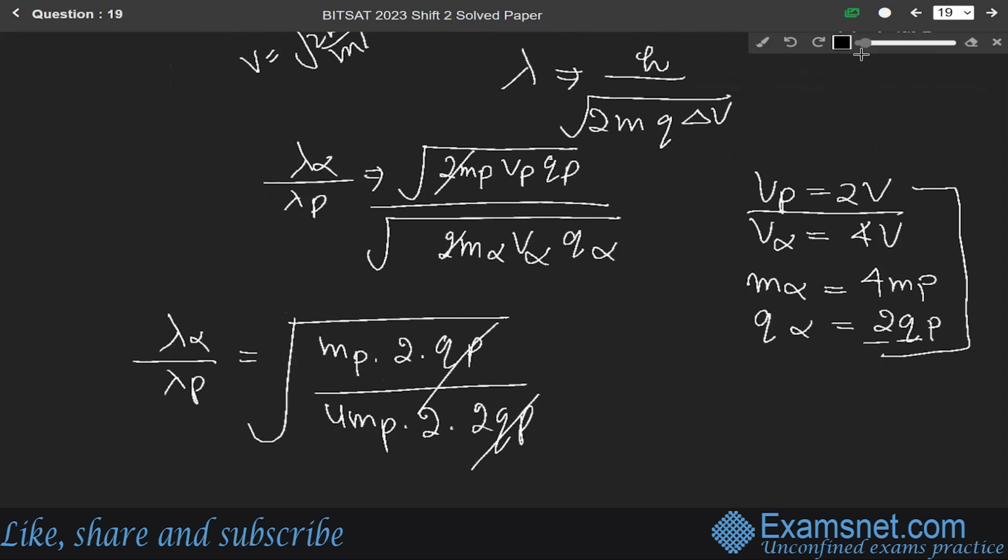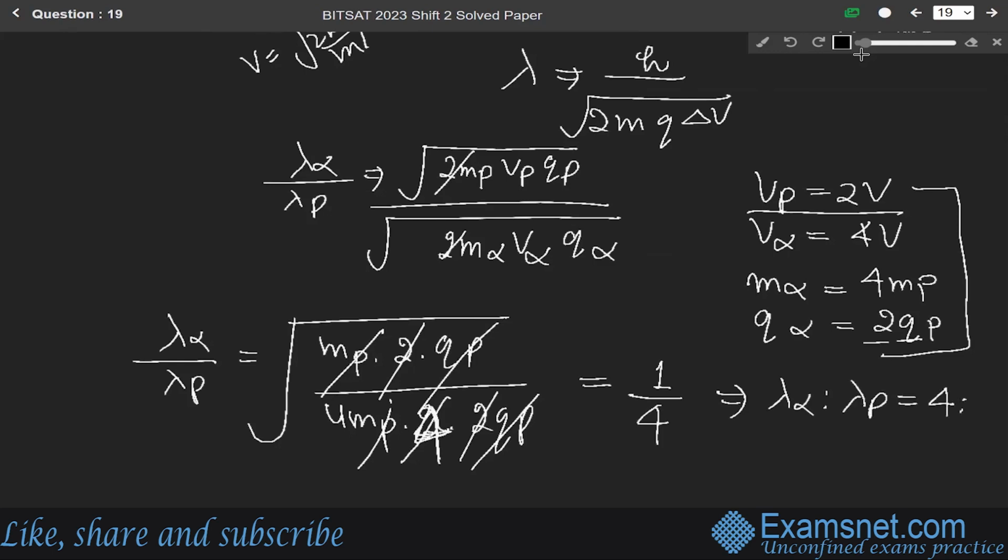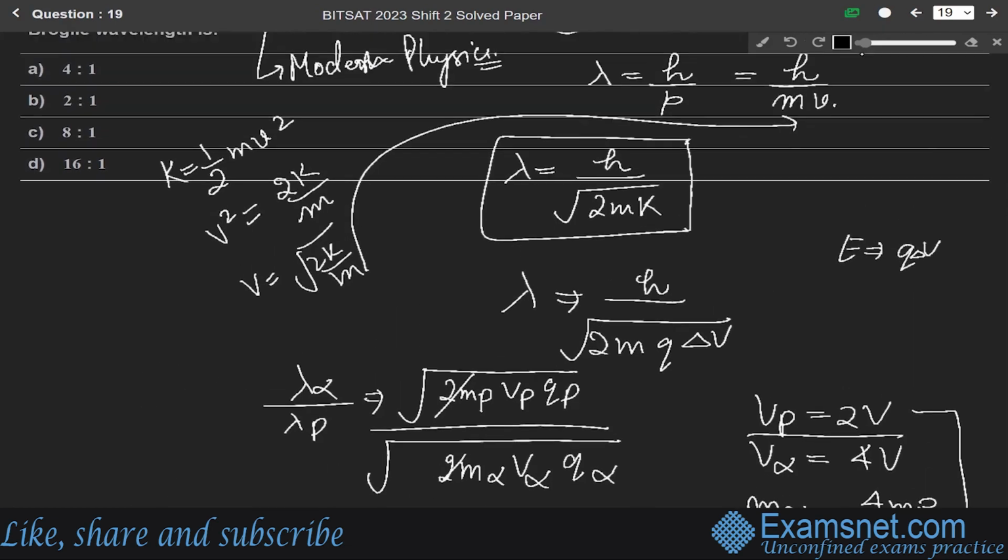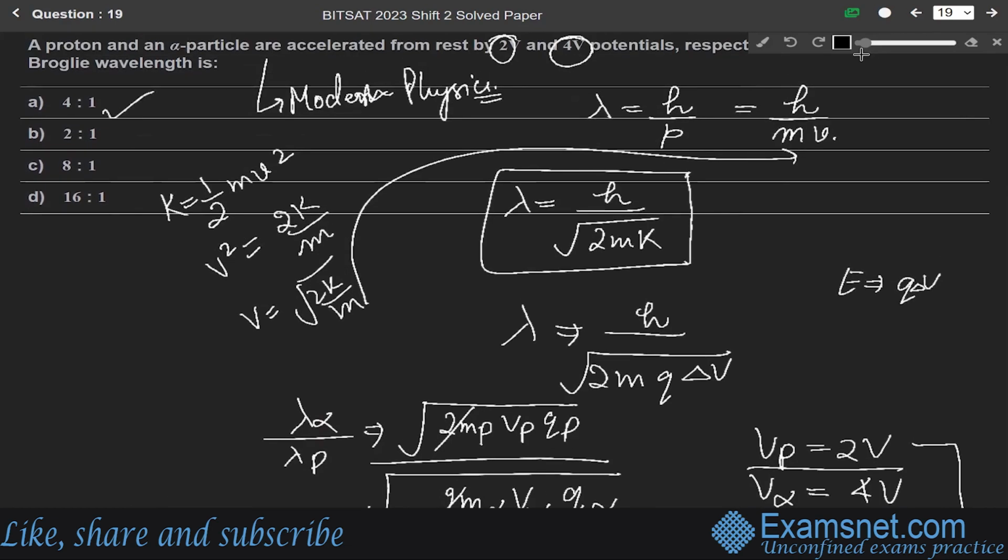So Qp cancels, 2 cancels, Mp cancels, so we get 1 by 4. So λ_alpha ratio λ_p will be equal to 4 ratio 1. Among these 4 given options, A is the correct answer.